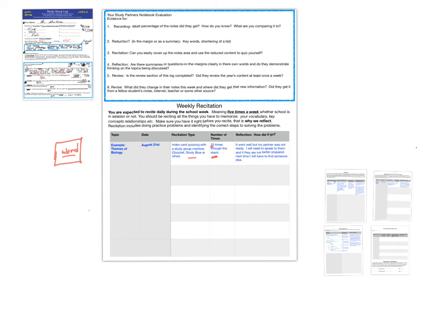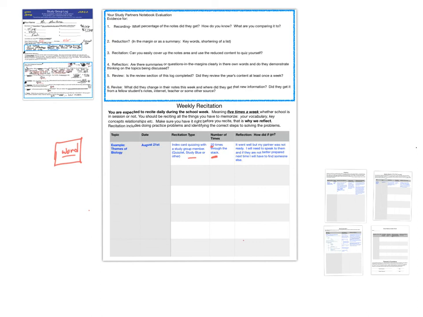So with weekly recitation, you have to write down exactly how many times you did it, and really it should be pretty simple. Again, you could use StudyBlue cards, Quizlet cards, index cards, pieces of paper with the information. I would use index cards if I had them. If not, in high school and in college, I've taken whole sheets of paper and split them up into fours and made my own little study cards.